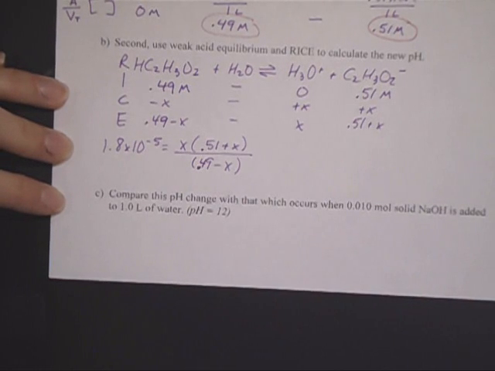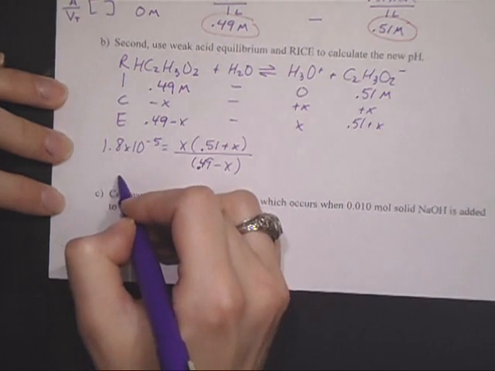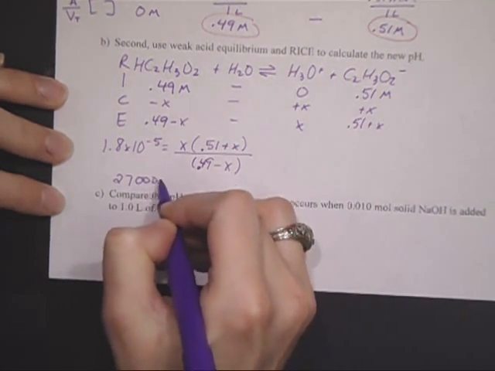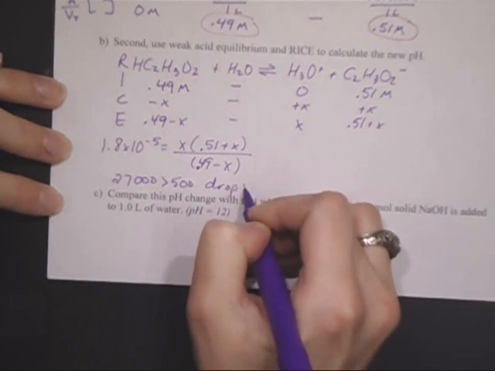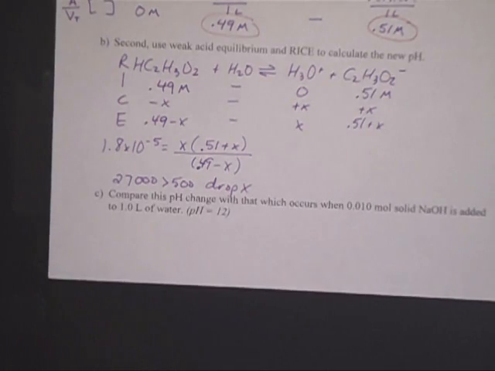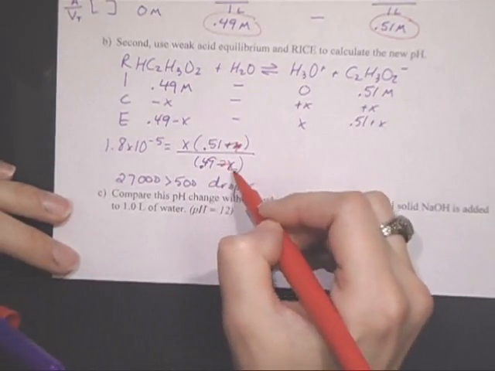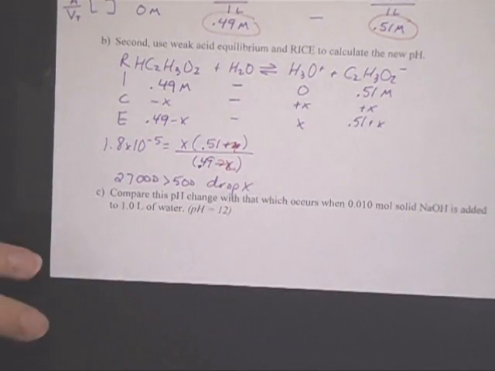I suspect that we should not have any challenge with it since it was so large last time. Yep, it hasn't changed by much. It's still 27,000 something, which is greater than 500, so we can drop the x. I'm going to go ahead and mark these off and then solve for x.